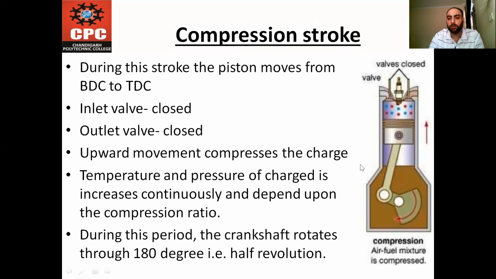Due to this, the temperature and pressure of the charge increase, depending on the compression ratio. In a petrol engine, we use a compression ratio of 5:1 to 9:1. During this period, the crankshaft again rotates half a revolution, that is 180 degrees. So up to here, one complete revolution of the crankshaft has taken place.